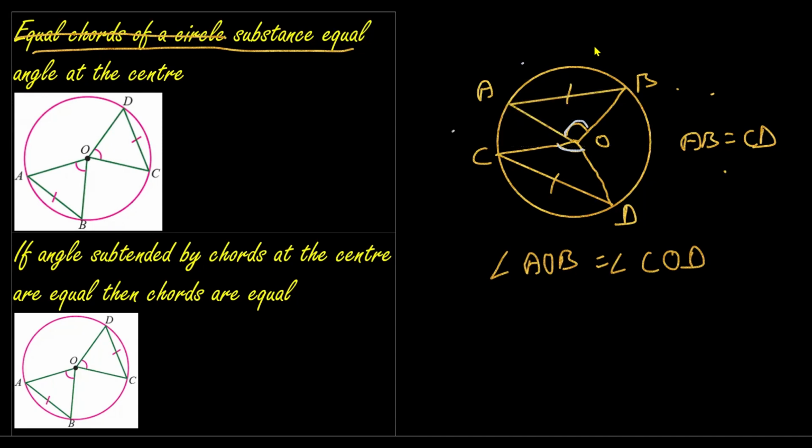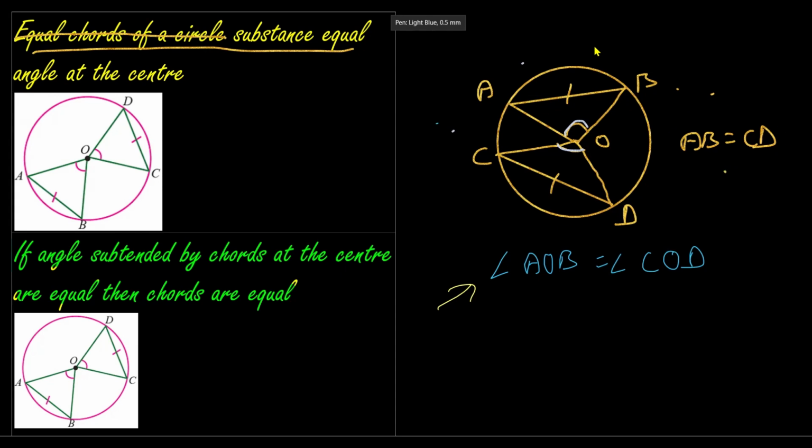Now, even the converse of this is true. So the converse of this is: if the angles subtended by chords at the center are equal, then the chords are equal. That means, if you are given that angle AOB is equal to angle COD, then by the property, you can say that AB is equal to CD.